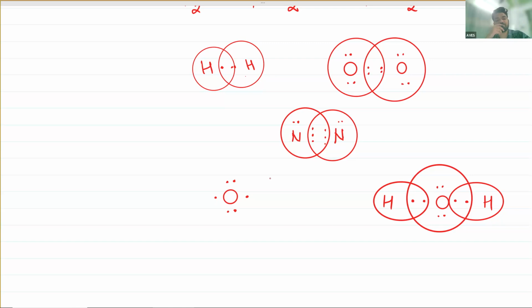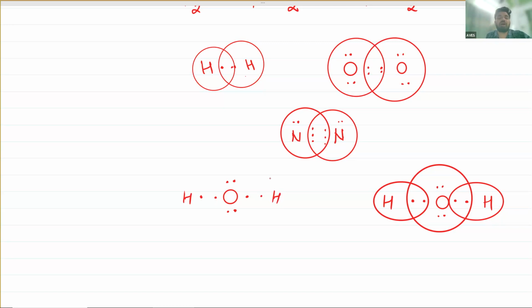Arya, tell me, if water is going to form here, with one oxygen, how many such hydrogen atoms will be required? Only 2, because if one is donating, it will be donated by this one. So that's why the formula will be H2O, not H3O.